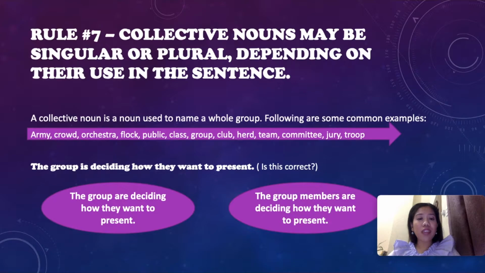"The group are deciding how they want to present," or "the group members are deciding how they want to present." So if we would say "the group are deciding how they want to present", that means that the group members are deciding how they want to present. But if we would say "the group is deciding how they want to present", can that be considered correct? Of course, referring to them as a group.